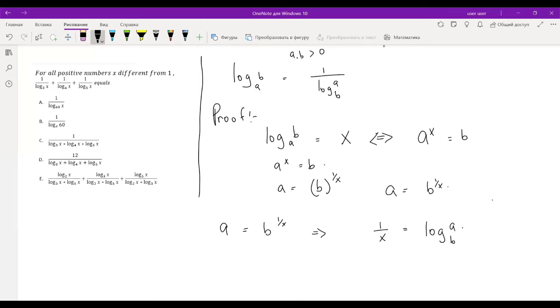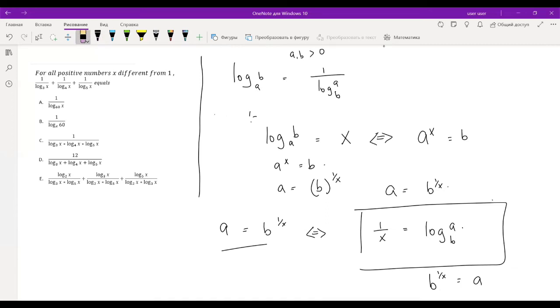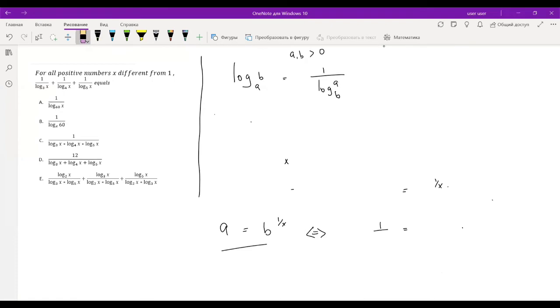It may not be so familiar, but if we started from this side, we can conclude that b raised to power 1 over x is equal to a, and that's exactly what is here. As I said, both sides are equivalent. So this is just a simple proof, and this property is going to be really helpful in this question, as you will see in a couple of moments.